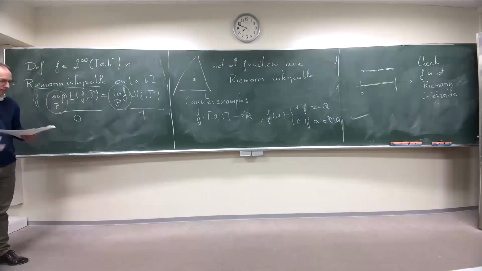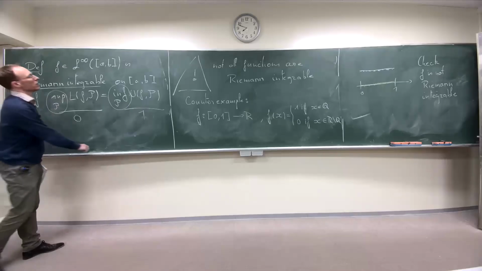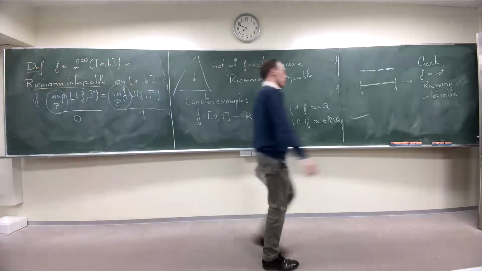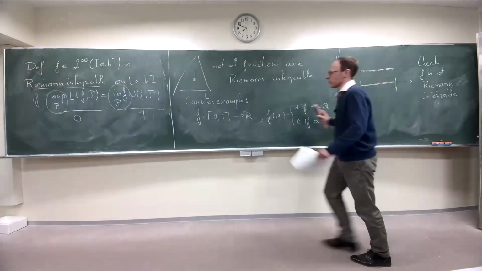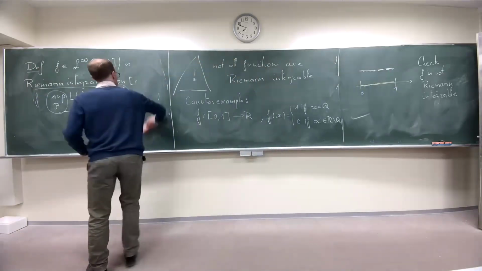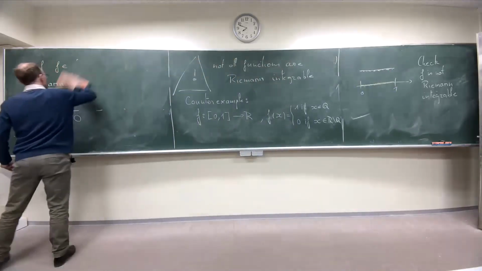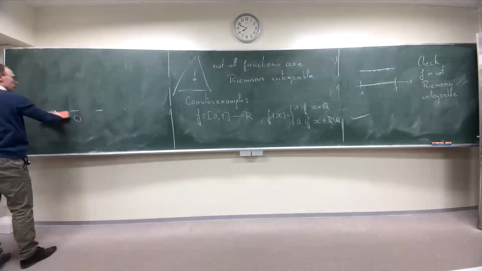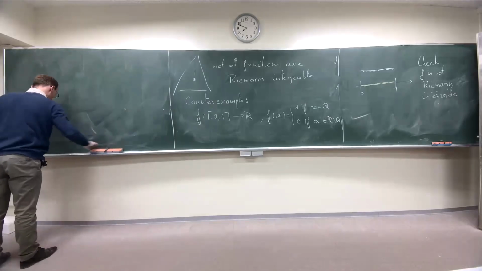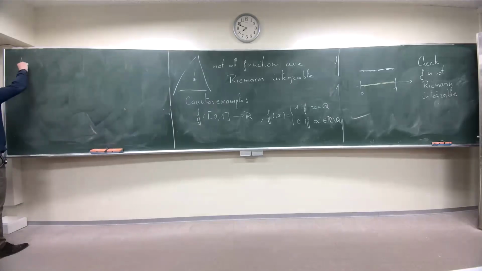However, let me go a little bit further. I have written a little bit more in the text, but I don't really need it. There is a result, so let me state two propositions.